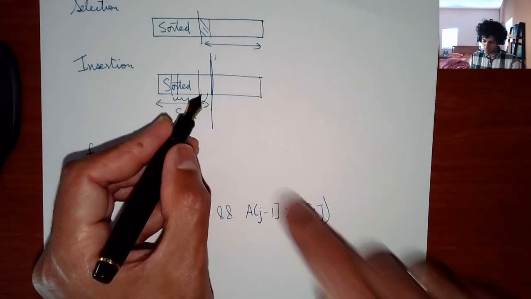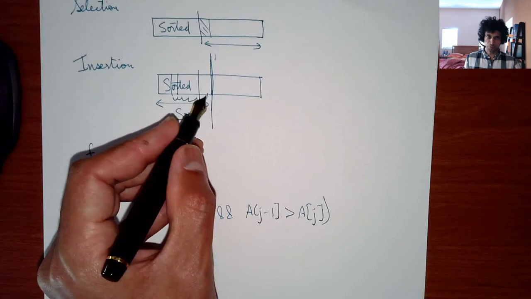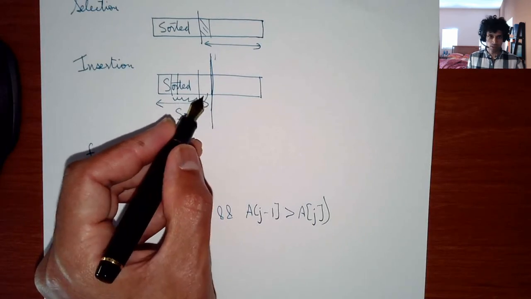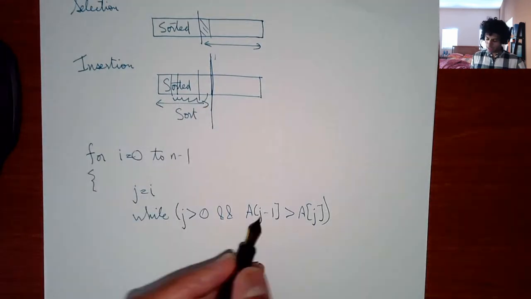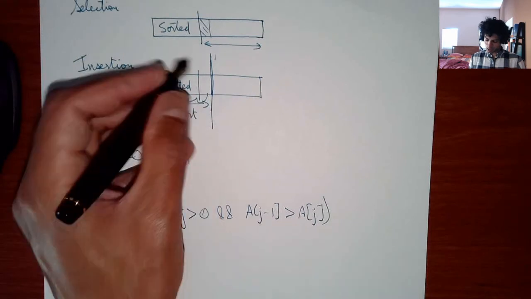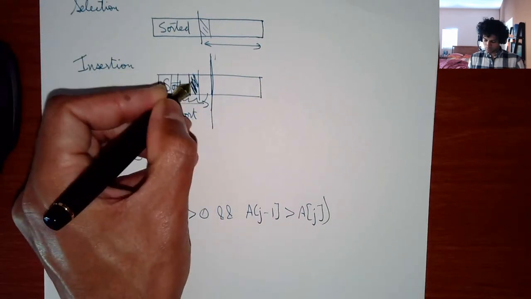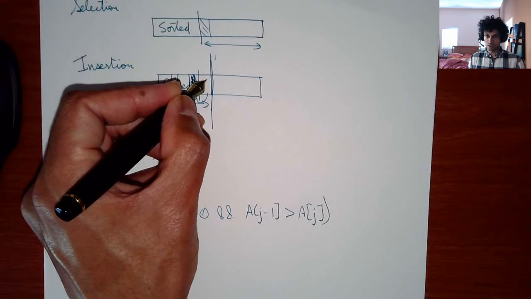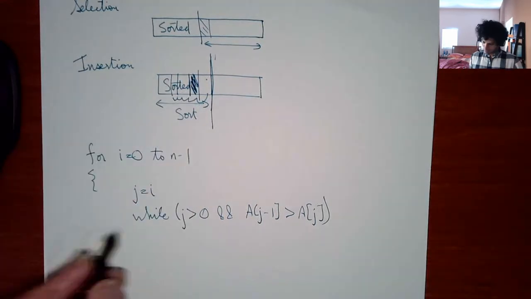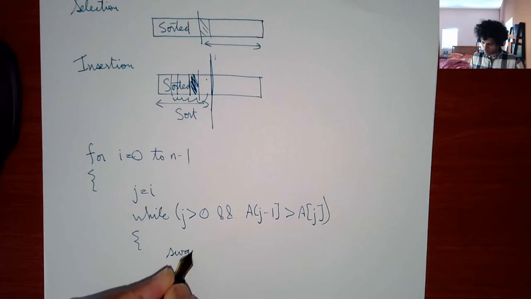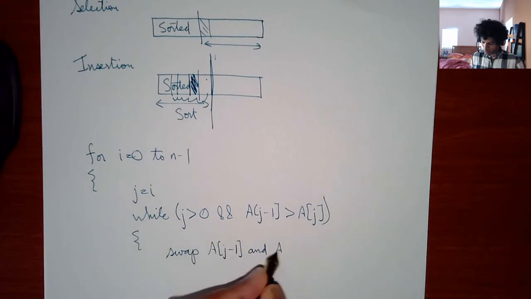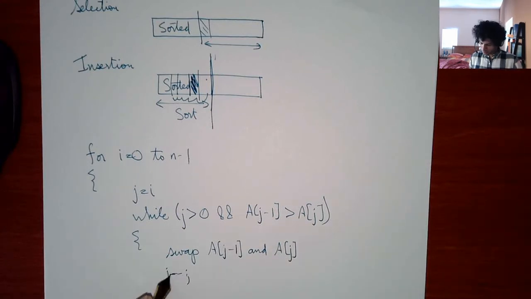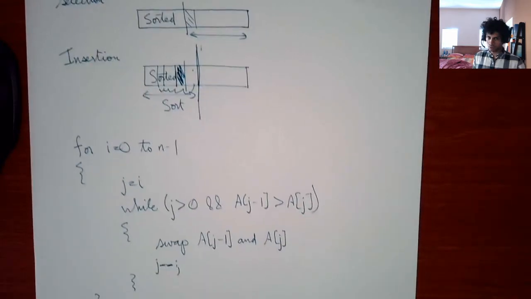If a of j minus 1 is actually larger than a of j, then you have to swap these. So we just swap a of j minus 1 and a of j. We do j minus minus, and that's it. So this is insertion sort.